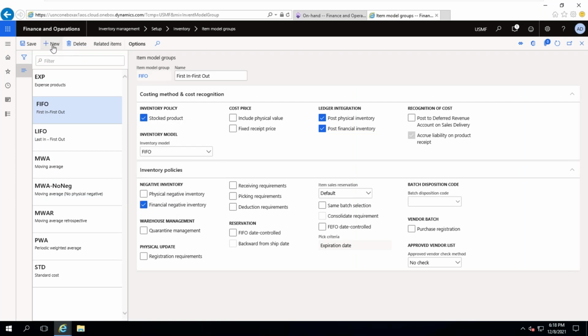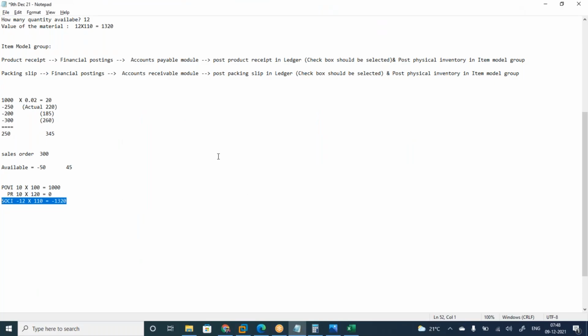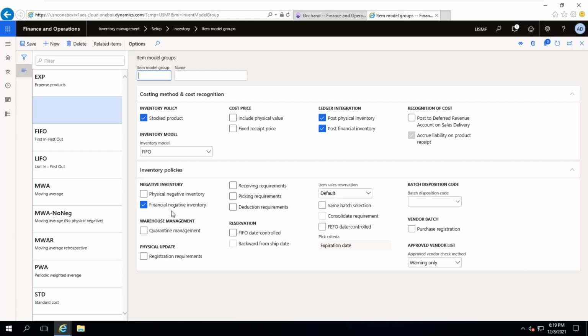If you click on new, these checkboxes are enabled by default. It is system proposed. Okay, this is always financial negative inventory required. Why financial negative inventory?